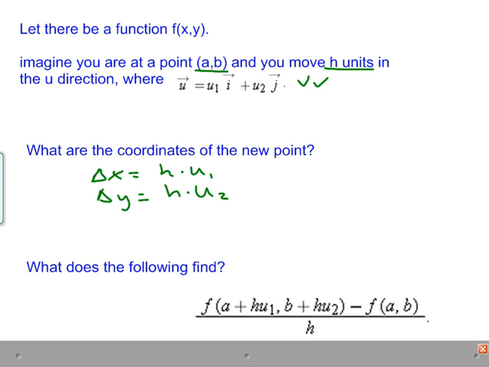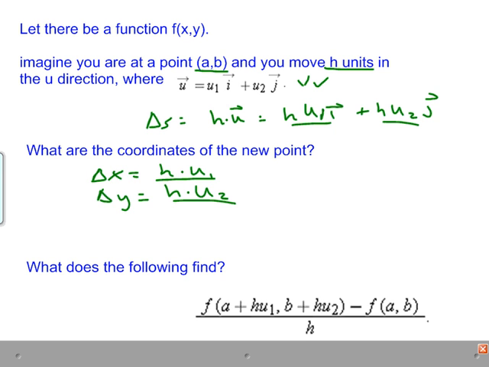Because my change in position is going to be h times the direction, which equals hu1 in the i direction plus hu2 in the j direction. Okay, well that's my change in x and my change in y.